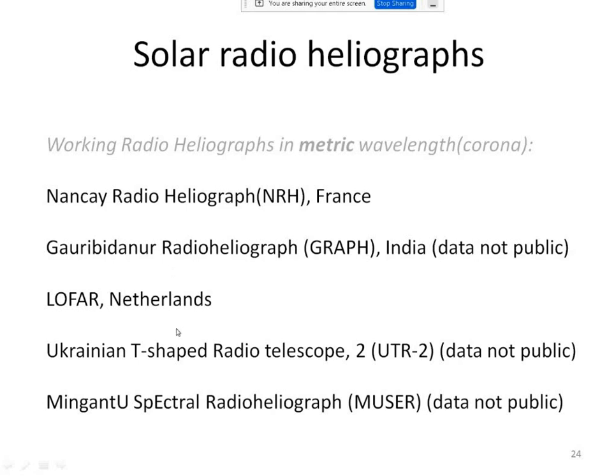Then LOFAR, the Low Frequency Array, in the Netherlands. Then the Ukrainian T-shaped radio telescope 2, UTR-2. And then the Mingantu Spectral Radio Heliograph, MUSER. Among the 5 radio heliographs, only 2 make their data public, which are NRH and LOFAR.